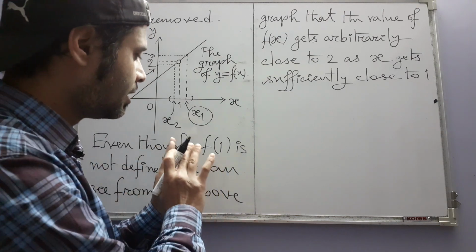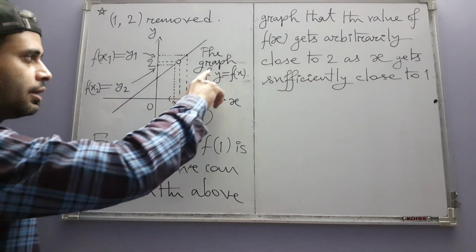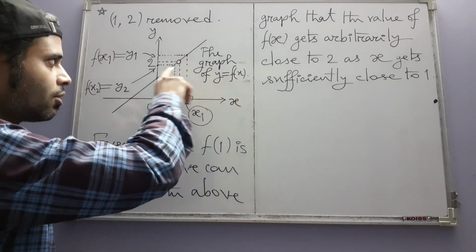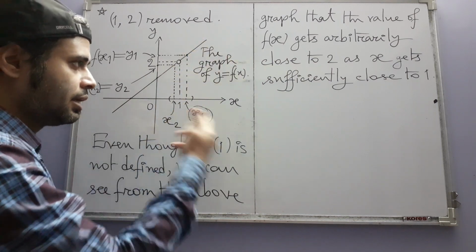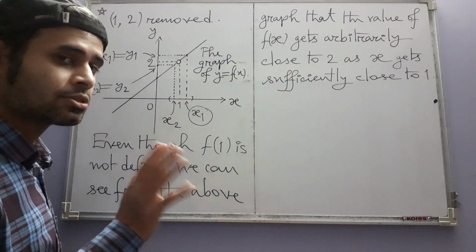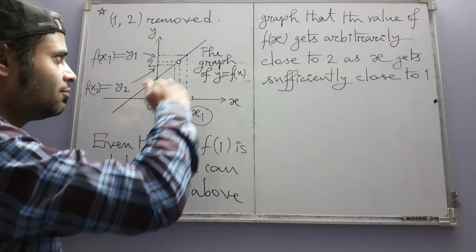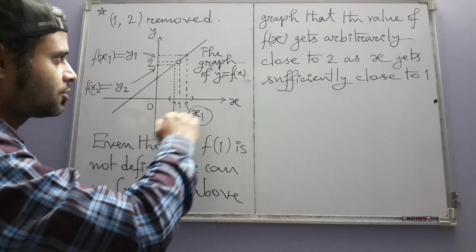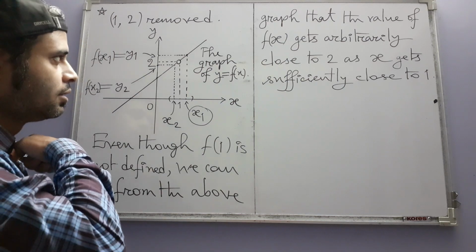F of x would have been 2 had 1 been a point in the domain, which it is not. So it's impossible to achieve 2 itself, but it's possible to be as close to 2 as you want.